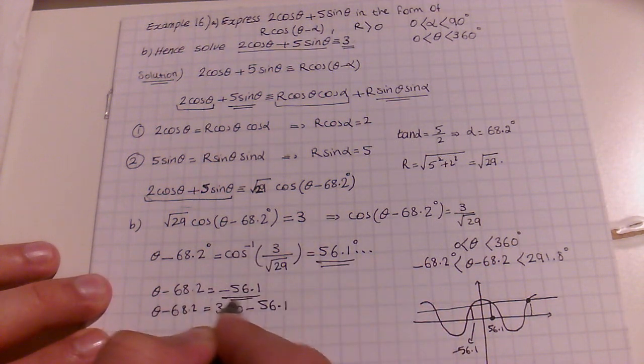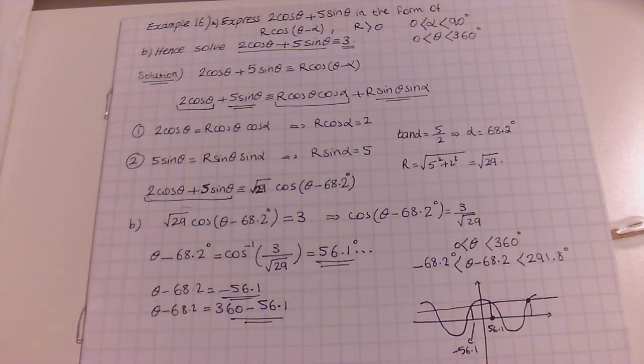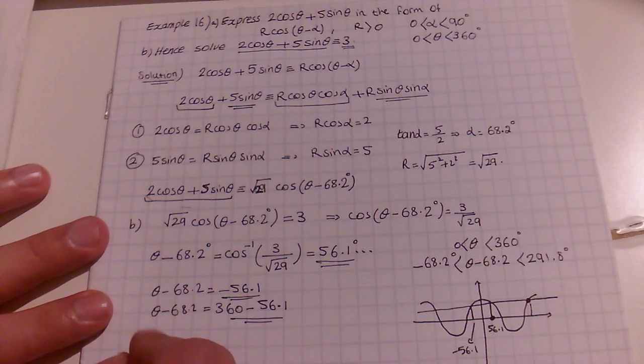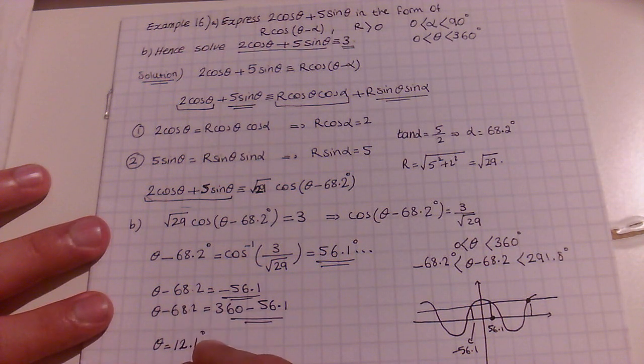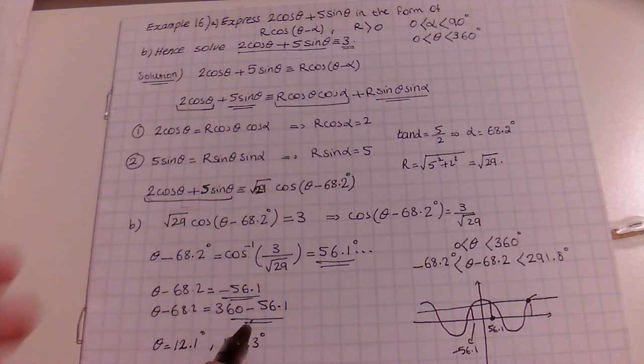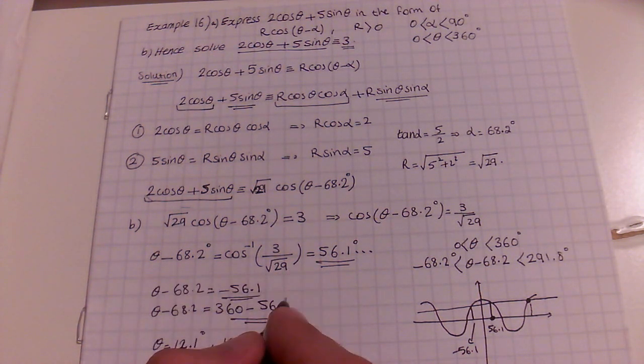The graph for cos theta looks something like this on the negative side, and on the positive x side it would be something like this. So let's say 56.1 is here, or you could use the CAST diagram.